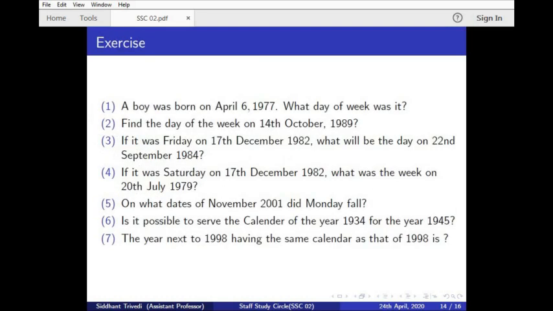You can do more exercises from this, and you may also find the birthday of any family member or friends.